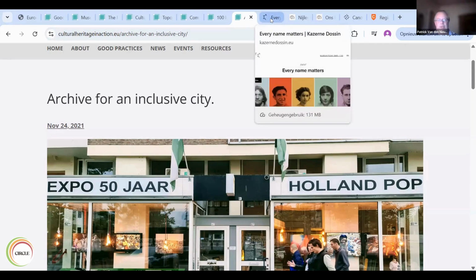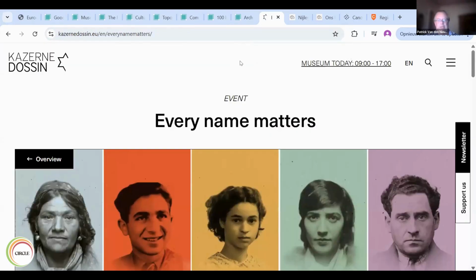And one of the most emotionally touching projects in Belgium is made by a museum called Caserne Dossin. In the past, during World War II, a lot of people, mainly Jewish people, were transported from that place to Germany.